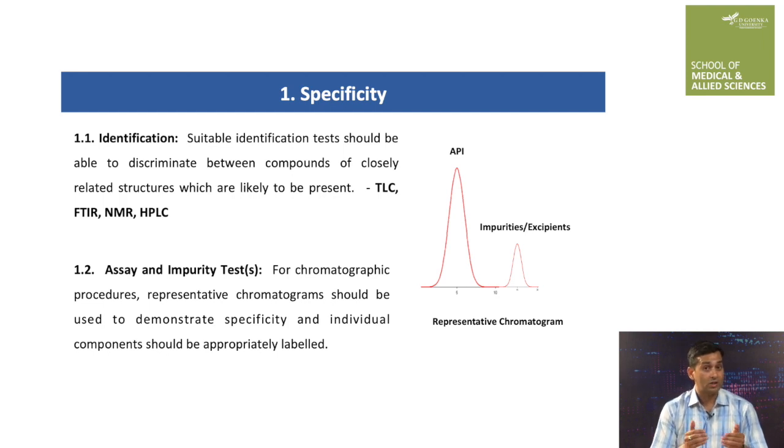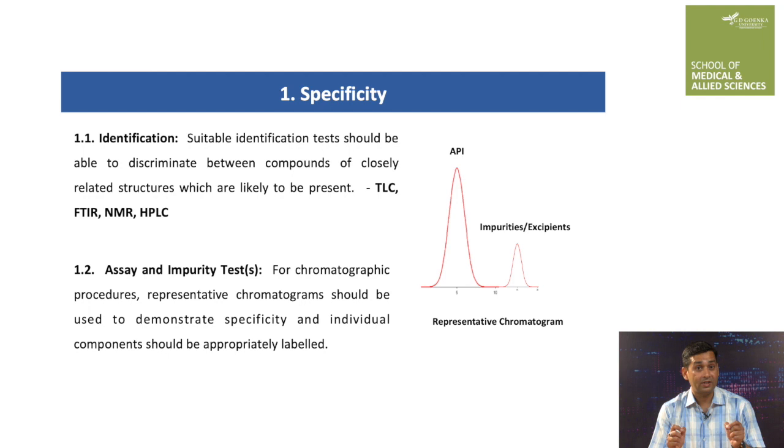Another stage where specificity is applied is assay and impurity test. Analytical methods should be specific while performing assay and impurity tests. We take an example of chromatographic separation. The representative chromatographs should be used to demonstrate specificity of the analyte.